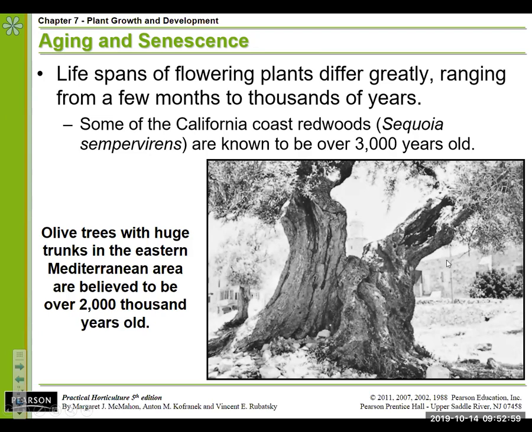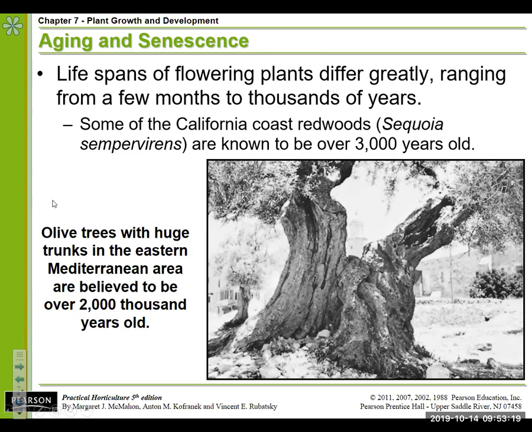So coast redwoods, for example, some of them are known to be over 3,000 years old. Olive trees in the Mediterranean, in some cases over 2,000 years old, and they're in cultivation. They were planted as a crop.